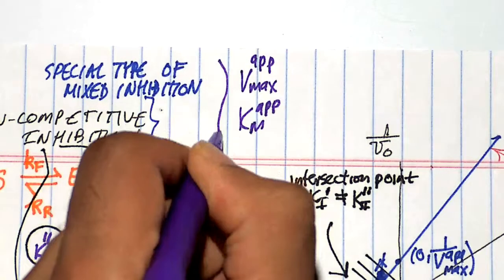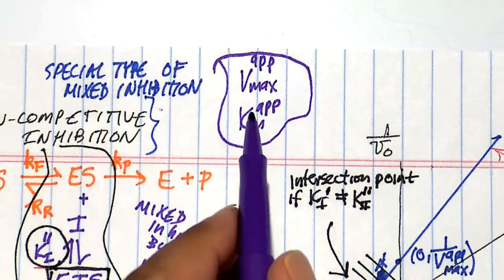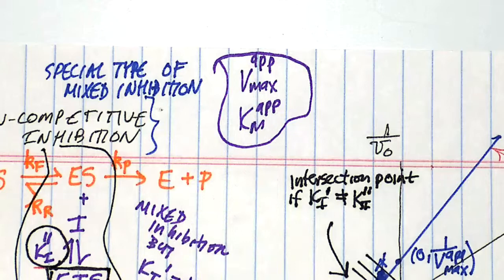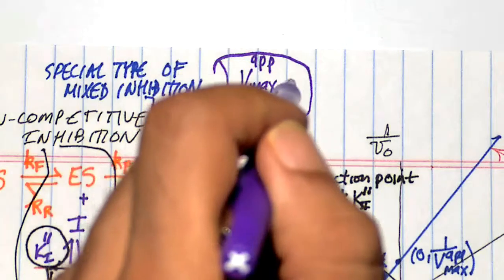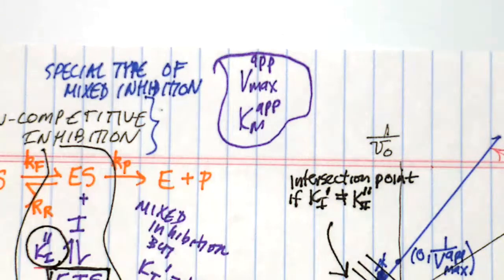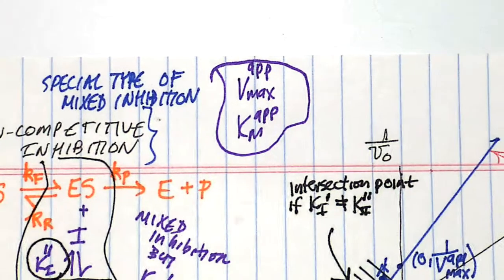This is any time you're dealing with a problem that has an inhibitor with it. Once you put in an inhibitor, competitive, uncompetitive, or mixed, non-competitive, the new Vmax becomes apparent Vmax, the new Km becomes apparent Km. All right. So that is it.